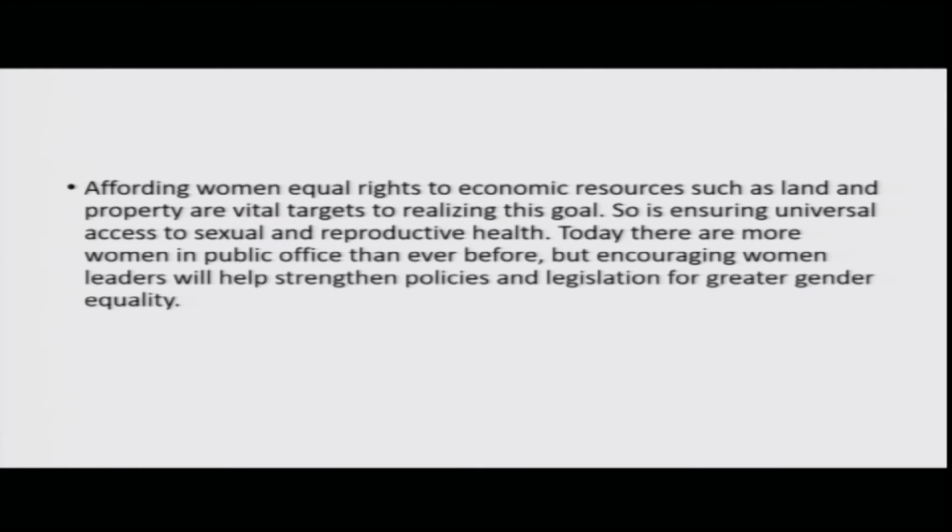So gender equality is one of the goals of the SDGs, the Sustainable Development Goals, and it's extremely important to see that there is gender equality. All the technologies that are going to be developed should be gender neutral, which both men and women can use, and women should participate in the innovation process.